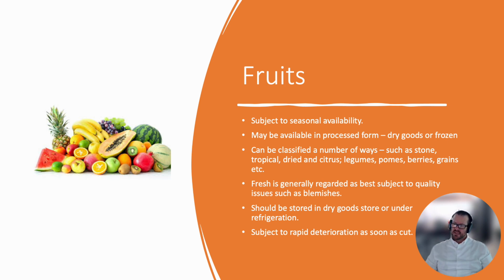Right, fruits are certainly subject to seasonal availability. In Sydney, Australia, we tend to get fruits and vegetables that are not in season, but we get them all year round. Some of that means we're getting products from other countries. Some of that means we're getting products that are grown in greenhouses.